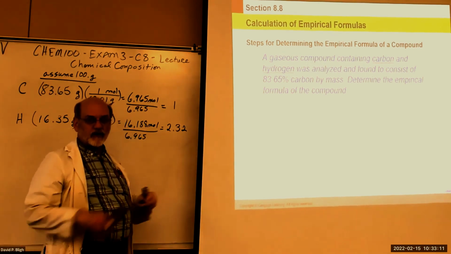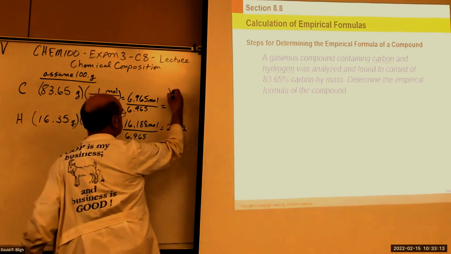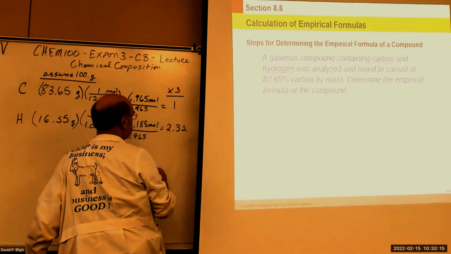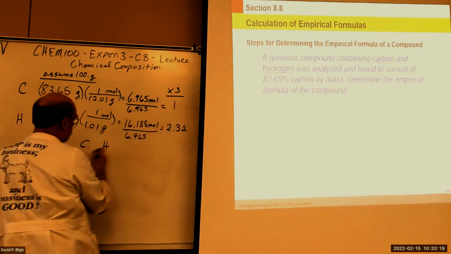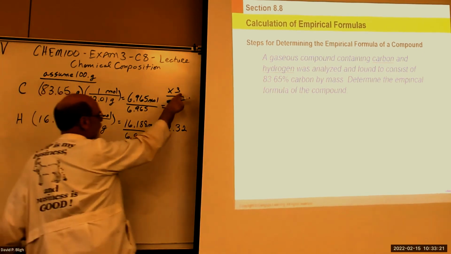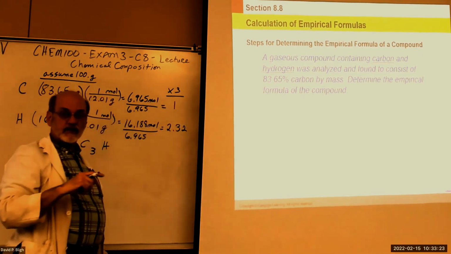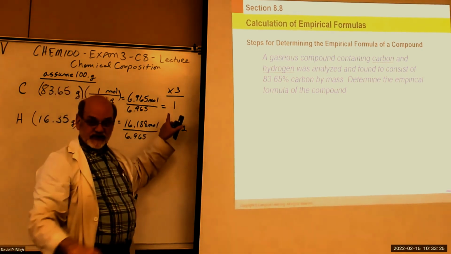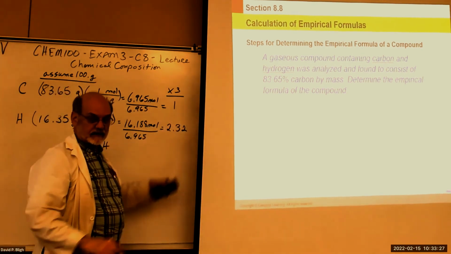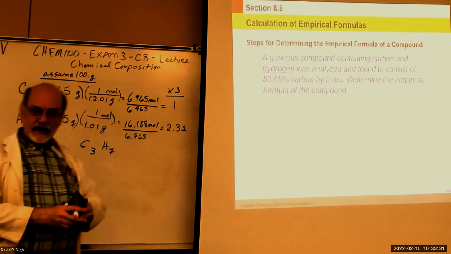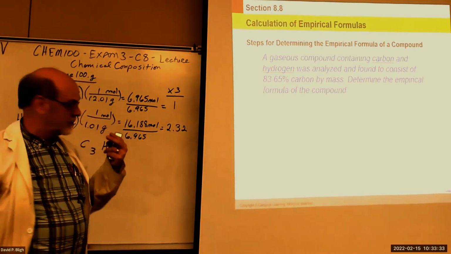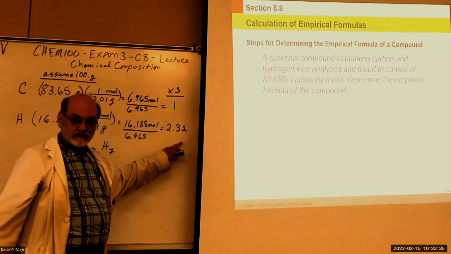So if we multiply both of them by 3, that will give us 3 times 1 is 3. And 3 times 2.32 is 2 times 3 is 6, plus 1 is 7. Okay? And notice that I rounded in my head. It's not exactly 7.